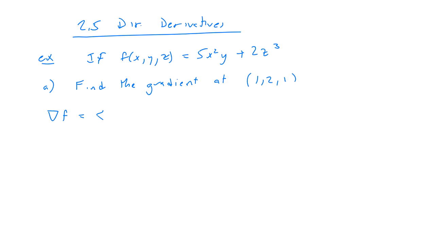It is, again, just all the partial derivatives. So 10xy, comma 5x squared. You can see I made this fairly simple. And then the 6z squared. And if I put in 1, 2, 1, I get 20 comma 5 comma 6, because y is 2.